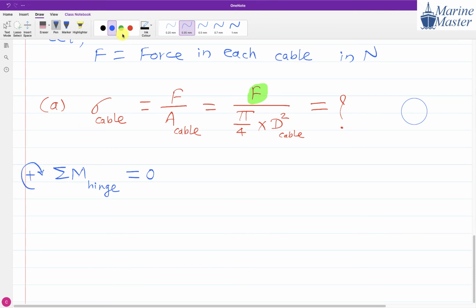This is for the sign convention. It means clockwise moments we take as positive and anti-clockwise moments we take as negative. That is the sole purpose of this, nothing else here.